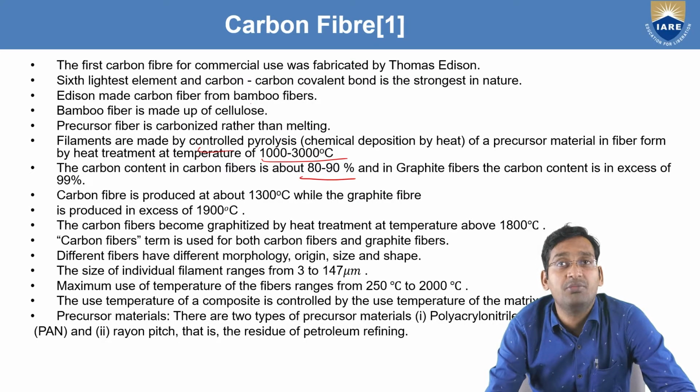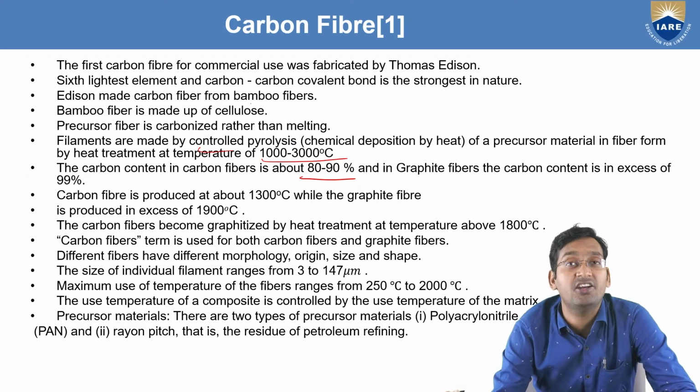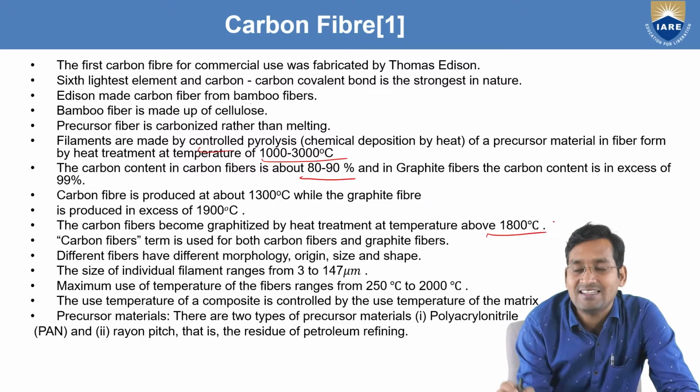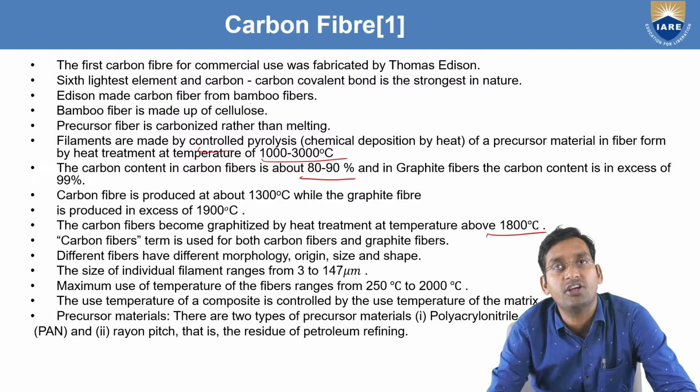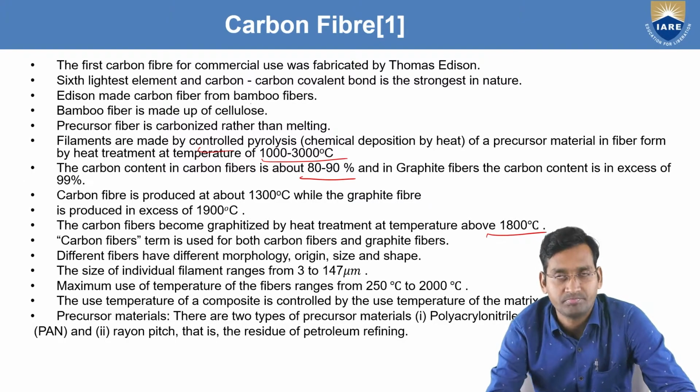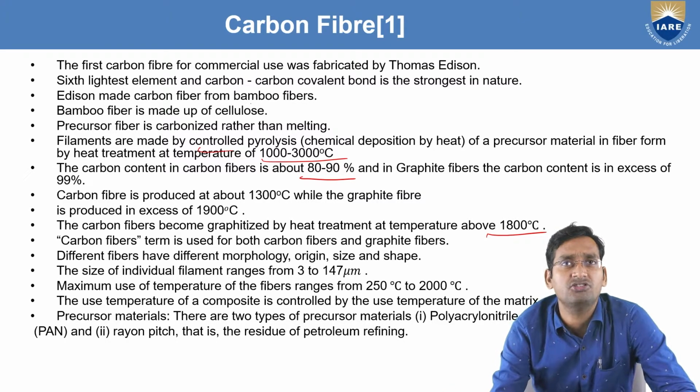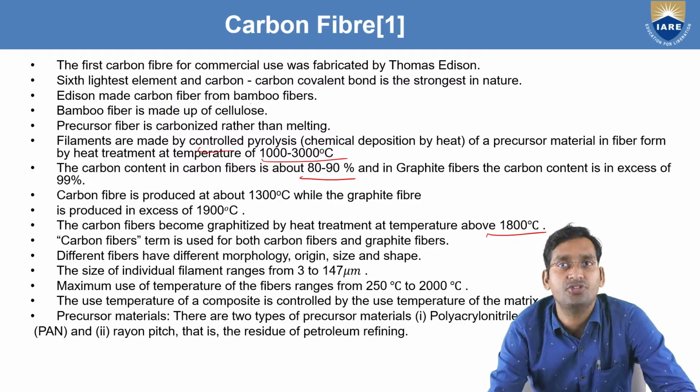The carbon fiber becomes graphitized by heat treatment at temperatures above 1800 degrees Celsius. So that's why at 1900 degrees Celsius we are preparing the graphite fiber. Why? Because at 1800 degrees Celsius carbon is getting graphitized, meaning carbon is converted into graphite. Right?